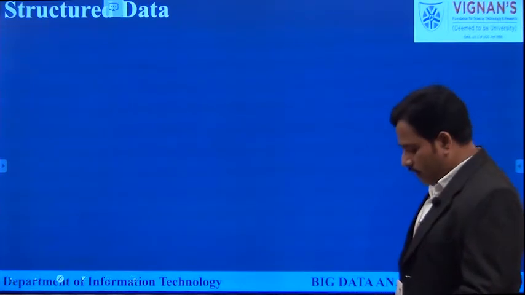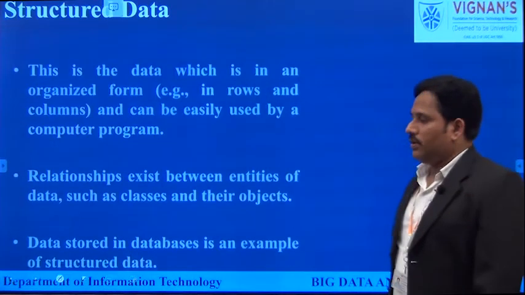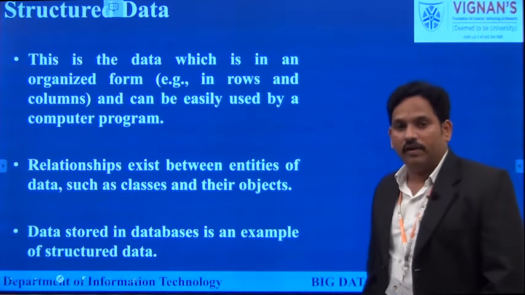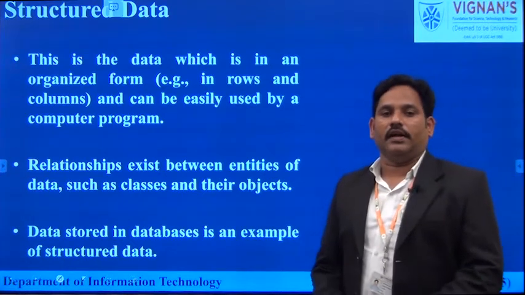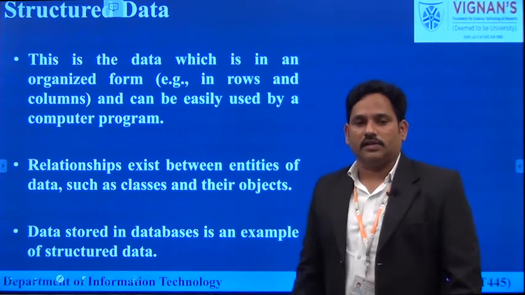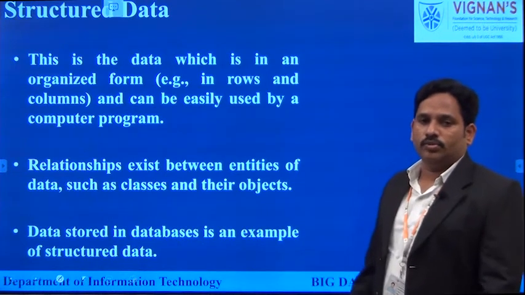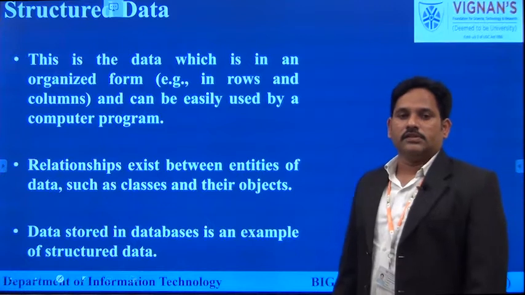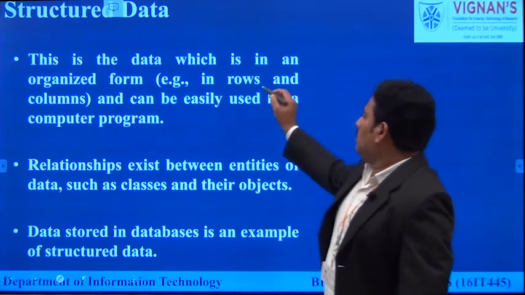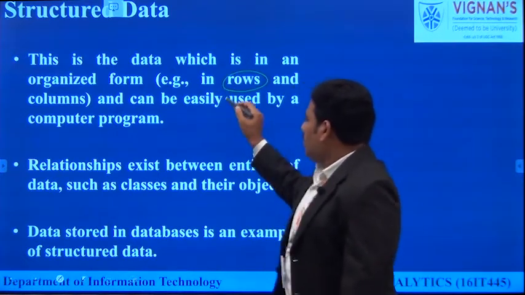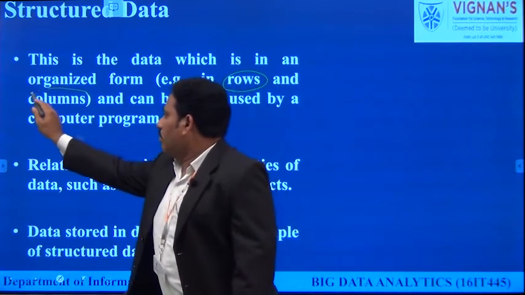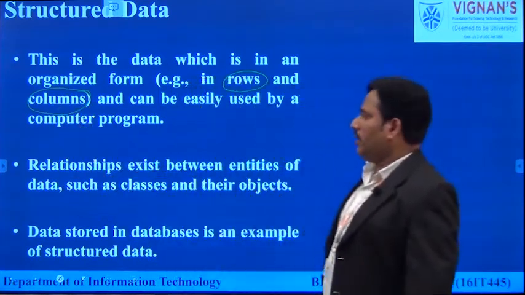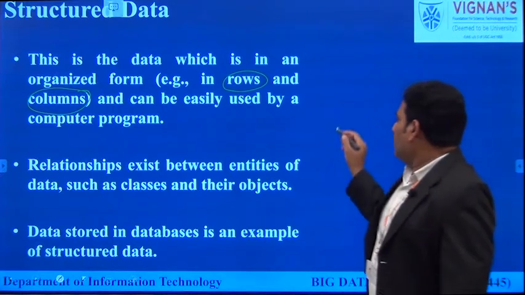Now we will see the detailed information about the structured data. When will we call a data structured data, and why? If any data is composed of rows and columns or is in an organized format, we call it structured data. That means data which has been arranged in the form of rows and columns is structured data.